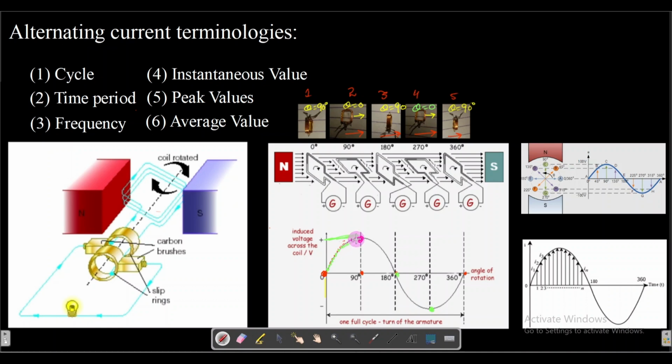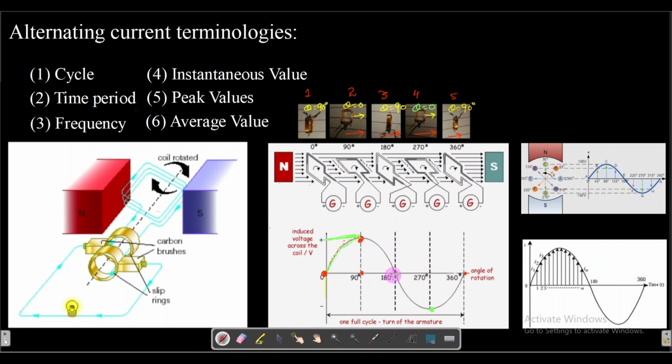If we connect those data points, it will give us such a curve. Similarly, from 90 degrees it will be decreasing.